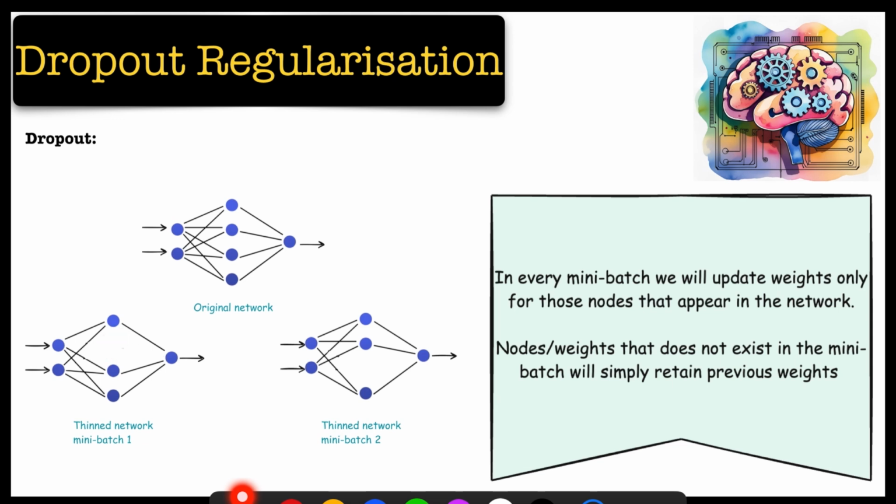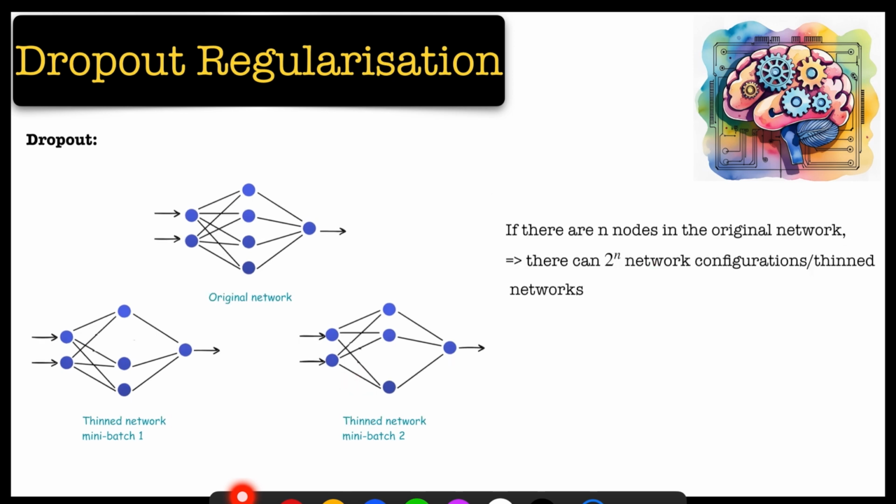For this node, whatever weights we had in the previous iteration will be retained and passed along to the next mini batch. If there are n nodes in the original network, we can get 2 power n network configurations or thinned networks. That is the maximum number of thinned networks we can get from dropout.